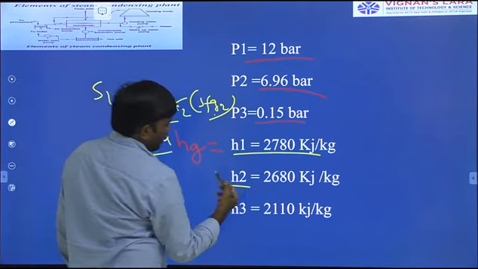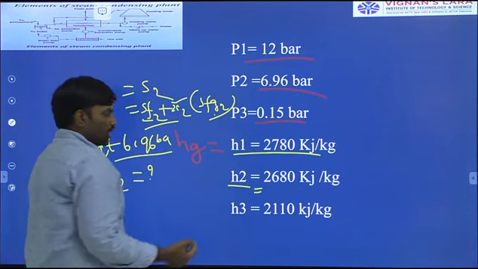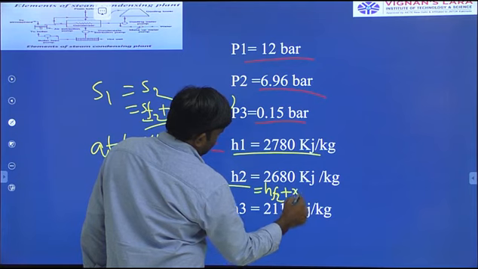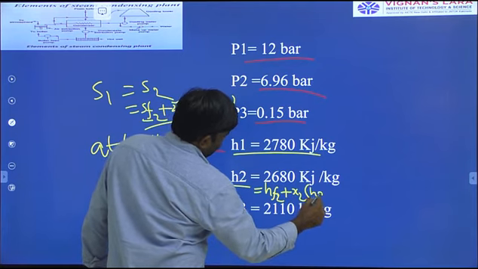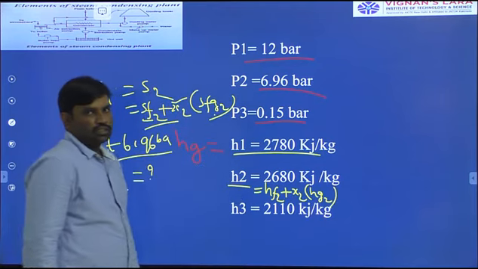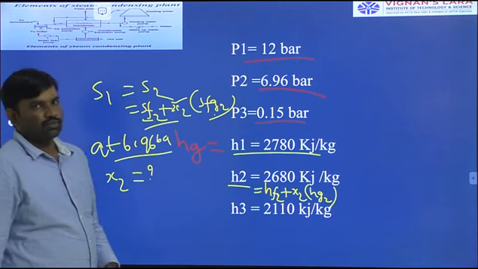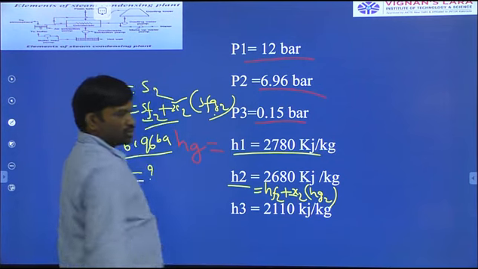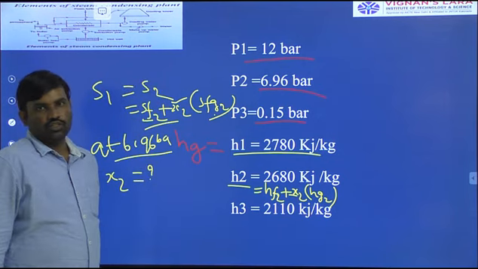After knowing X2, you determine H2, which depends on the dryness fraction X2. Why? Because during the expansion of steam inside the nozzle body we get wet steam. The X2 value is useful to calculate the H2 value.